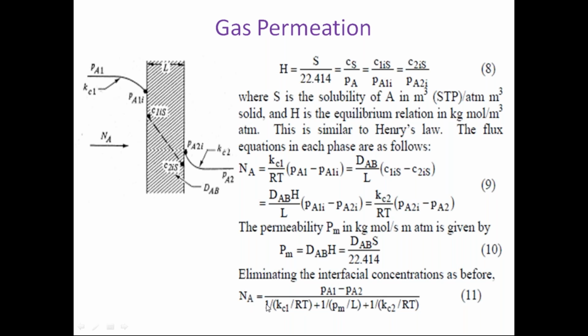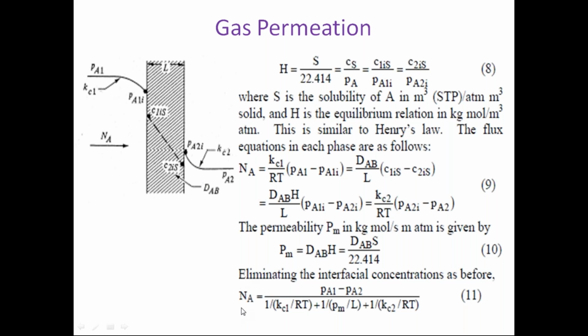So the rate involves three resistances: the resistance offered by the film in the feed phase, the resistance offered by the film in the membrane, and then another resistance to the mass transfer offered by the film in the permeate phase.